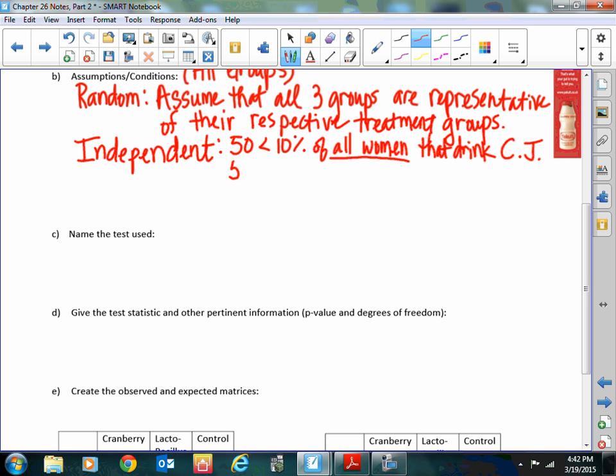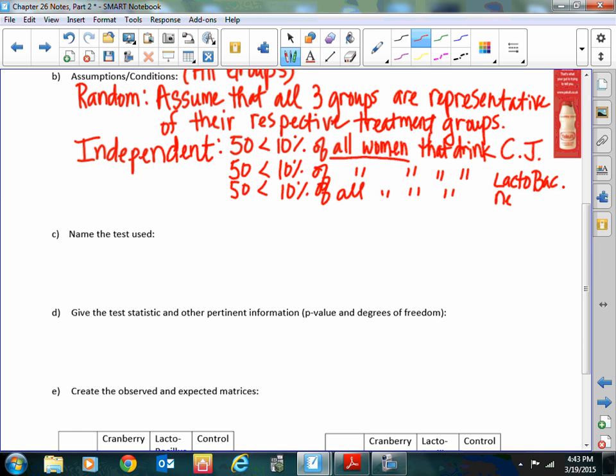So here I have to list this out for the second one. 50 is less than 10% of all women that drink the lactobacillus drink. Okay? And the third group, 50 is less than 10% of all women that drink neither.